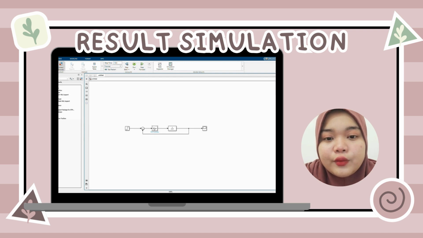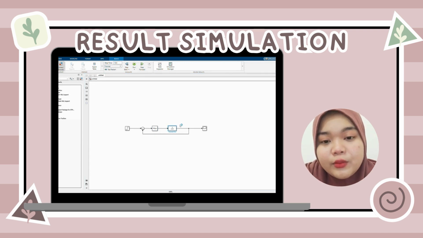Okay, now we click the PID, we click the transfer function first. We change the value that we need, which is 10, 1, 5, 6. Apply, okay.